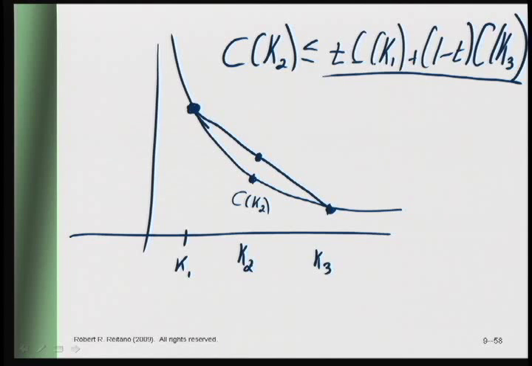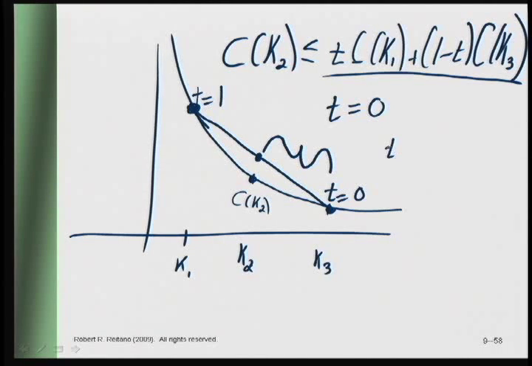Now what's t? Well, we can see t parametrizes k2 from k1 to k3, namely that this corresponds to t equals 0, and this corresponds to t equals 1 in the way I've parameterized things. So the coefficient t is this portion of the curve.